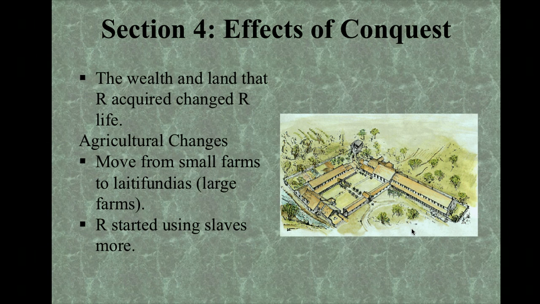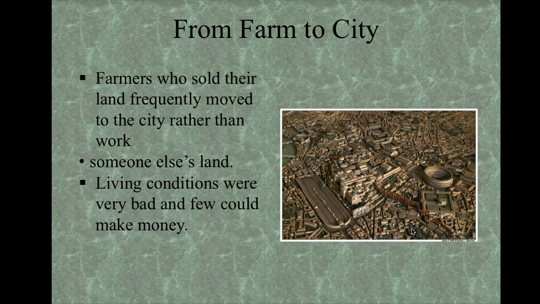So a lot of poor people sold their land, and this started the move to latifundia, which are these large farms, and Rome started using more slaves, and so there ended up being more people who were dispossessed of their land. Farmers who sold their land frequently moved to the city rather than work someone else's land. Living conditions were very bad, and few could make money.